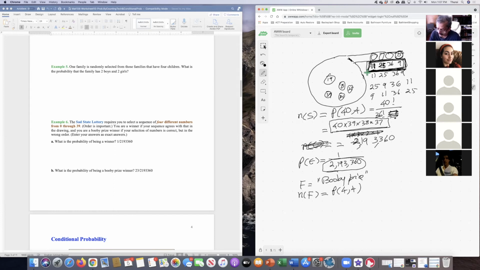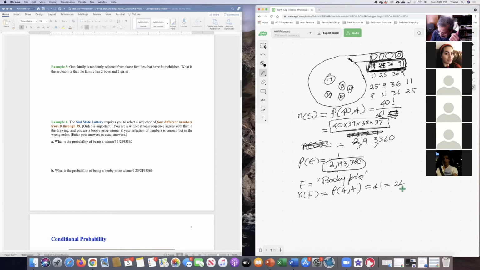So the number of elements in the booby prize winning is P(4,4), which is 4 factorial, equal to 4 times 3 times 2 times 1, which is 24.